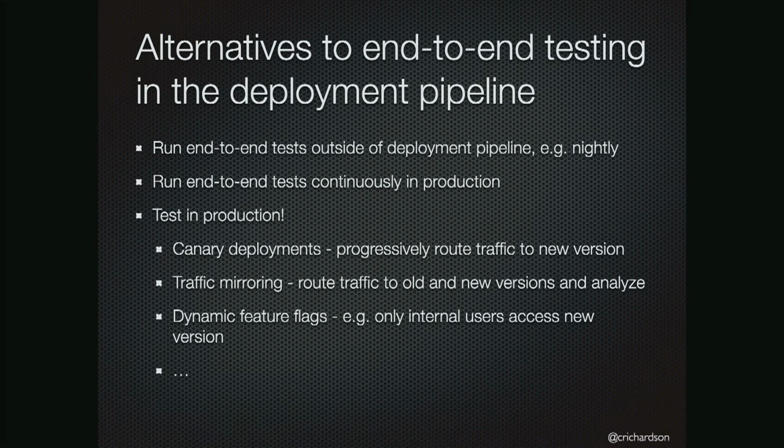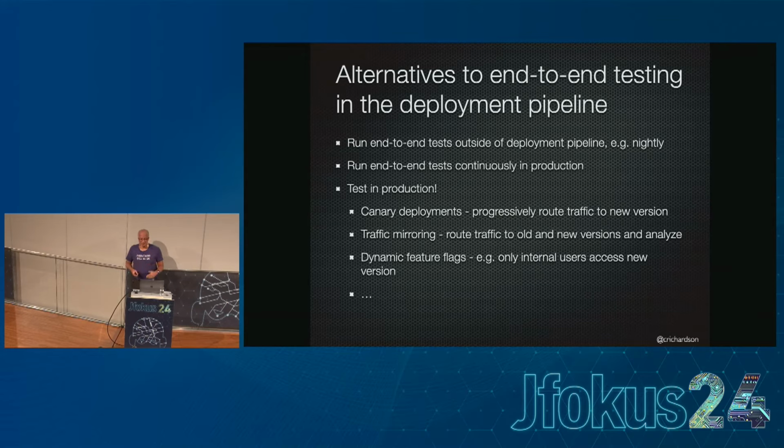But there are alternatives. Maybe run end-to-end tests at night. Maybe run them continuously in production. And I'm going to talk about some testing in production techniques that you can use right at the end, where it's an alternative way of verifying that everything is working.